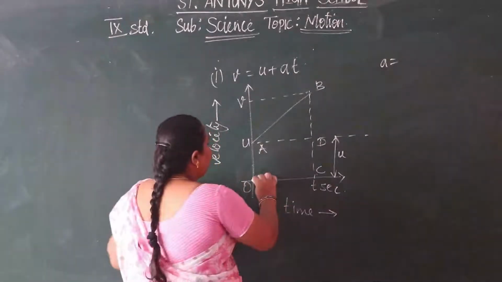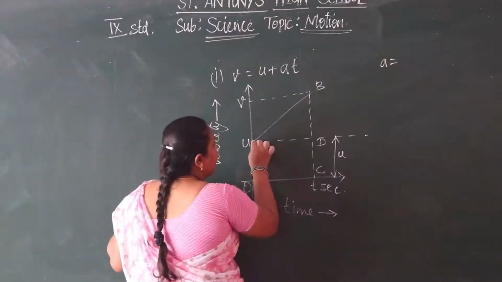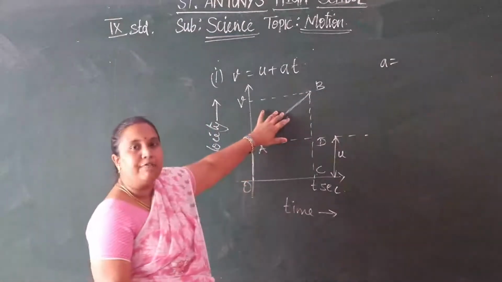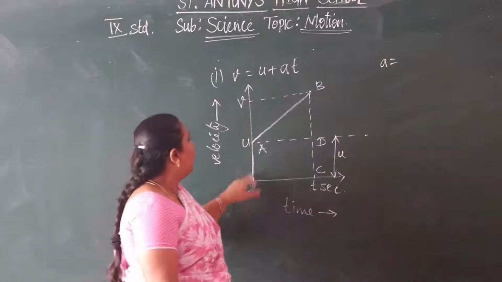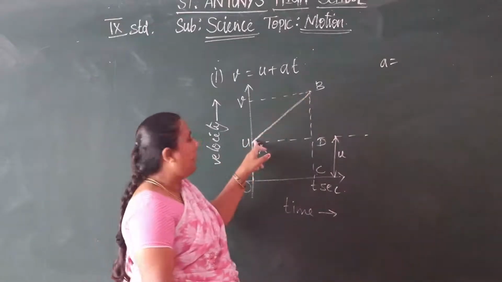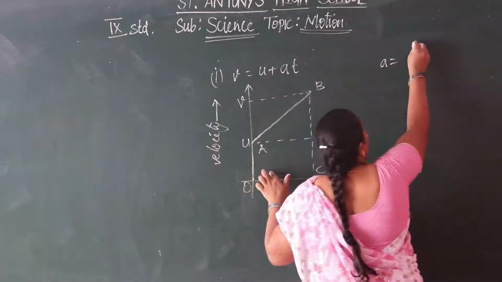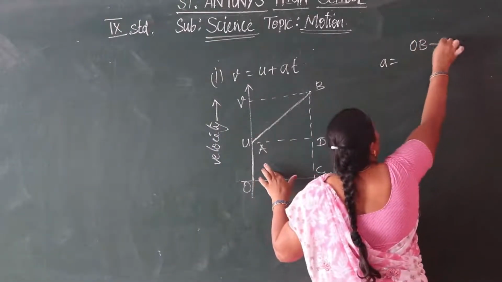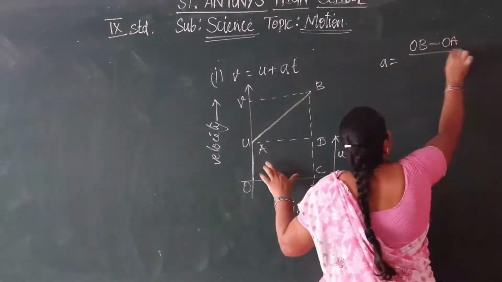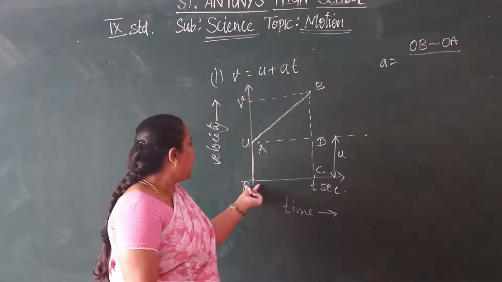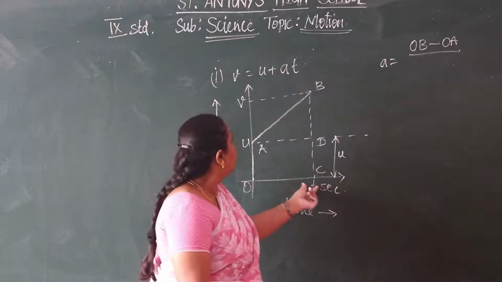From here to here, this is the initial velocity and this is the final velocity. So the change in velocity is OB minus OA, divided by the change in time.